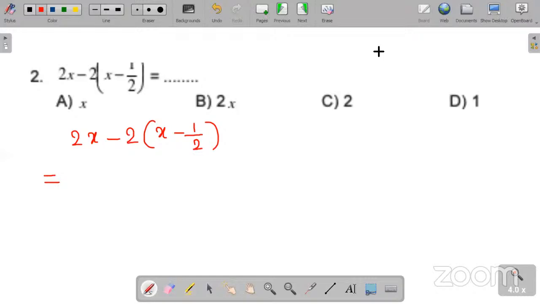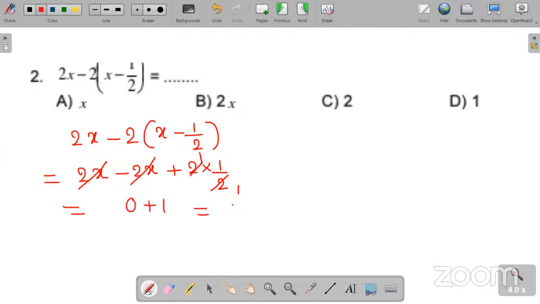Very good. Let us try. 2x minus 2 into x, minus 2x. Minus into minus is plus, so that will be 2 into 1 by 2. So 2x cancels, and what we have is 0 plus 1. That is equal to 1. Now tell me what's your answer?